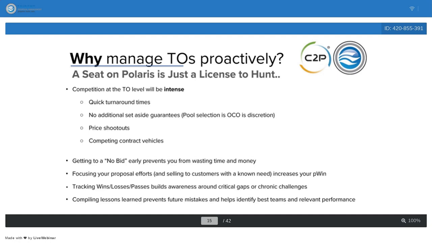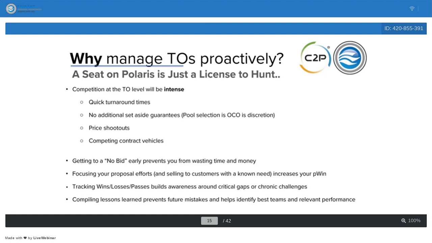The other thing that companies sometimes forget to do is actually track the wins, the losses, and the passes. This can be really insightful when it comes to building awareness around critical gaps, either in your technical team, your proposal response team, or your broader team in general, or chronic challenges that you face, right? Are you passing on bids because you're always too busy to respond?